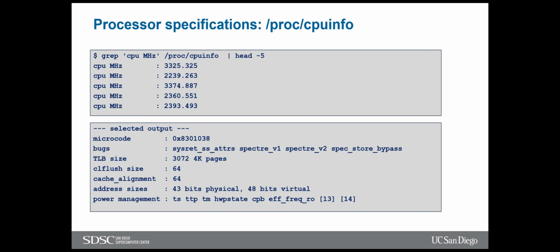For example, if we're just interested in the speed, we can grep for cpu MHz and it will pull that out. Another thing I put in that scripting is head -5, which reports just the top 5. The second section down here is additional information that you cannot get from the lscpu command.